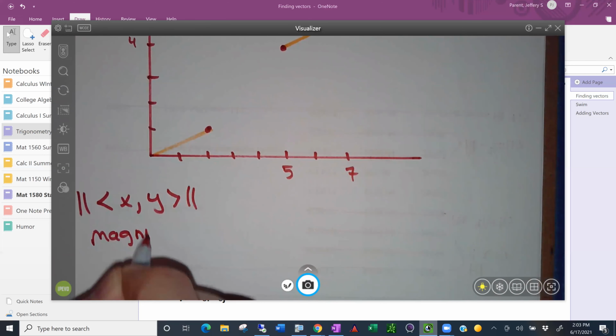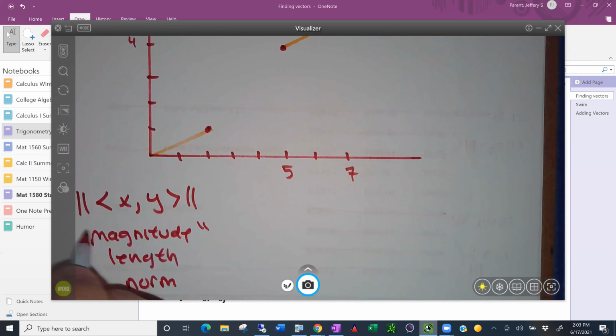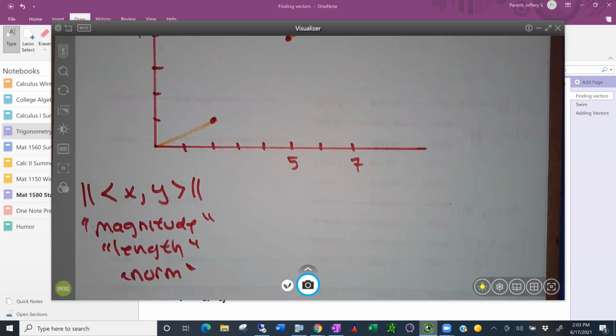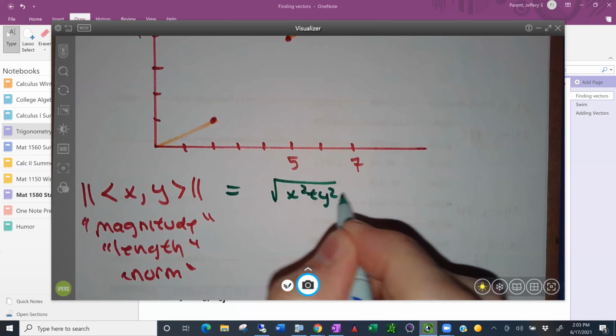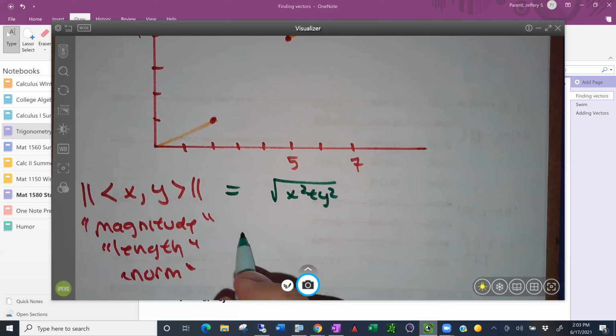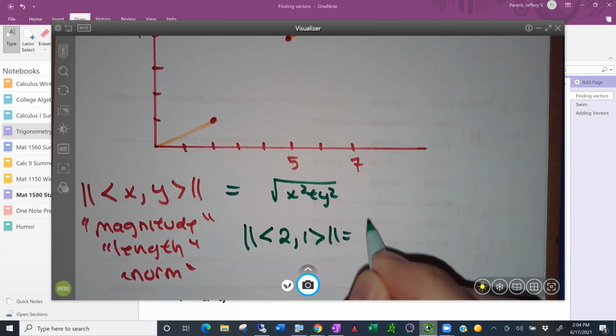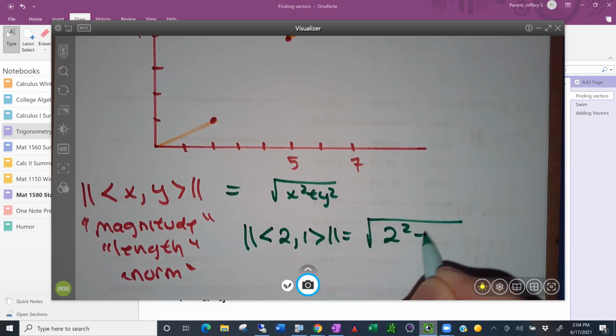Magnitude, length, or norm all mean the same thing, and that is, how long is that vector? And you can calculate that length as the square root of x squared plus y squared. So for us, the length of the vector 2, 1 is going to be the square root of 2 squared plus 1 squared, square root of 5.